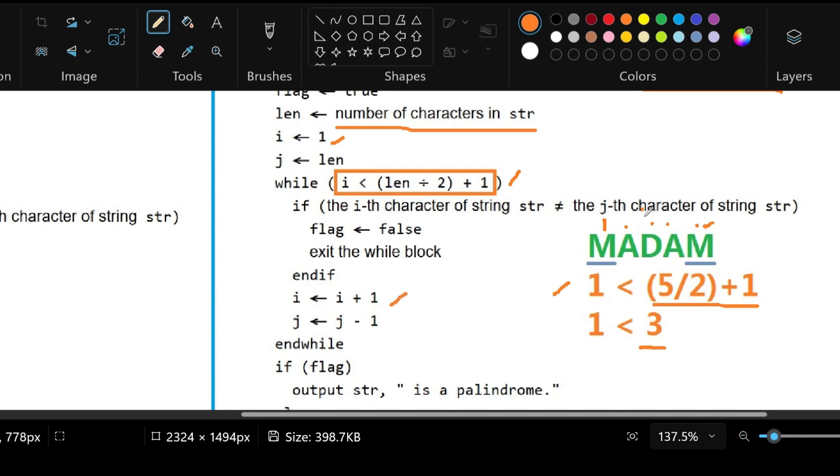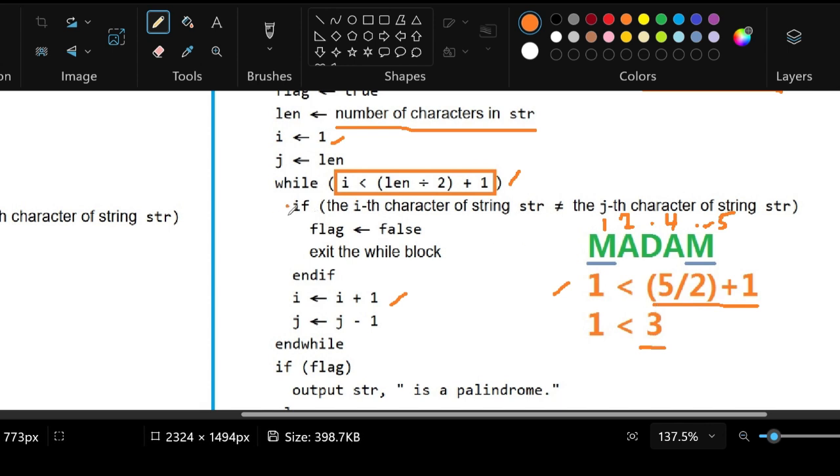So we need to do a plus 1 to i, and so we are now here. And for j, we need to do a minus 1. So from here, this is 5, we will need to be in the next one, which is A at 4. And it's saying that we test again the condition in the while loop. Currently i is at 2, and 2 is less than 5 divided by 2 plus 1. 2 is less than 3.